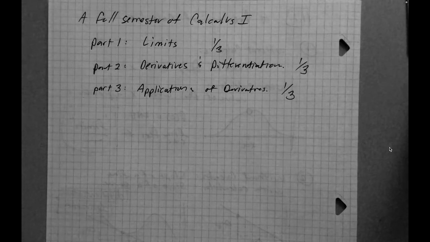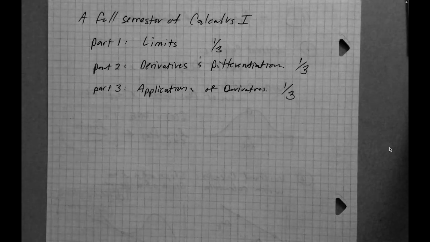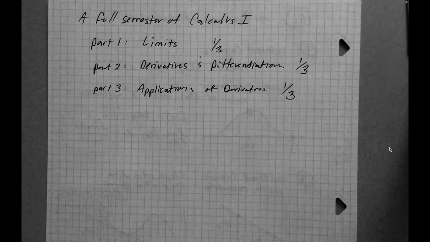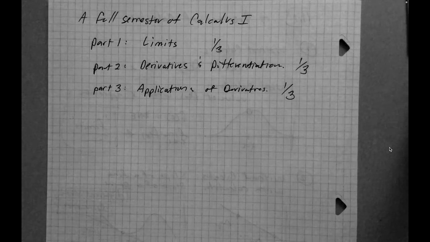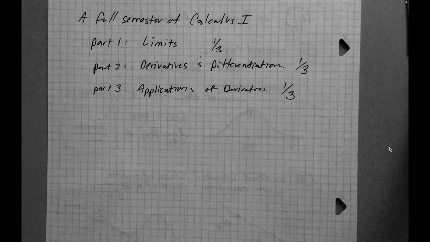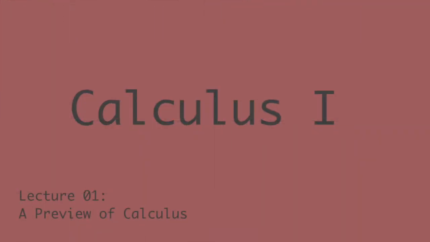Keep in mind, this is a full-length course, but a lot of the time spent in a classroom setting is spent on assigning things and answering questions. So this is just 30 hours of pure lecture on the subject of calculus.